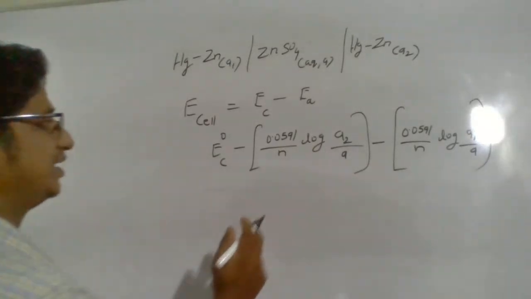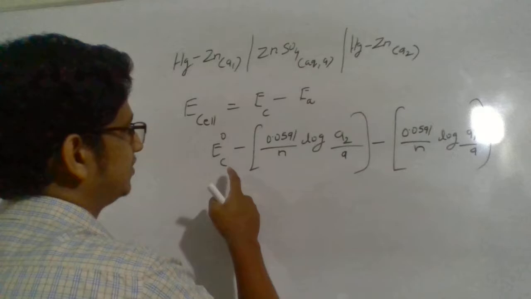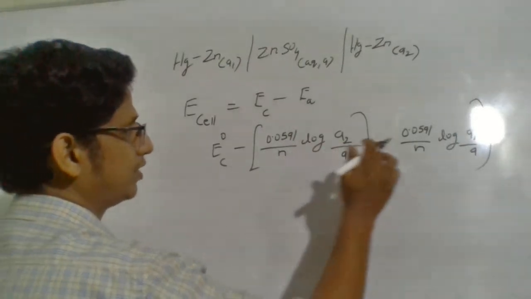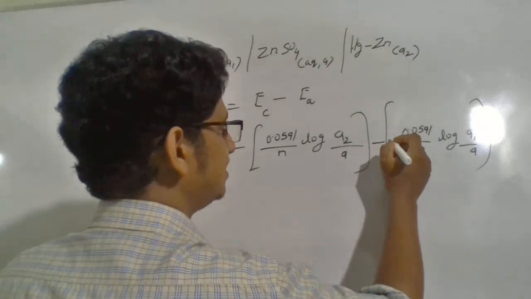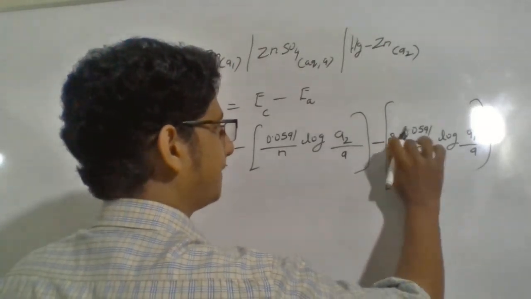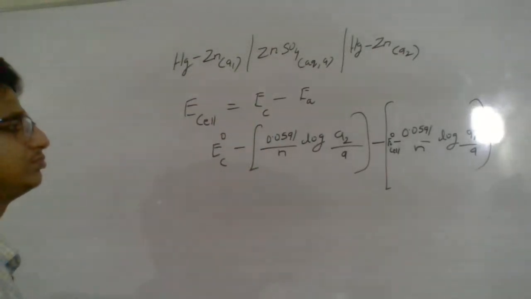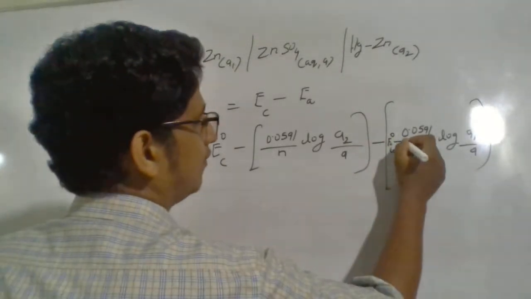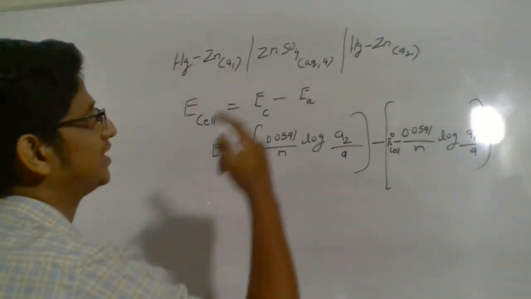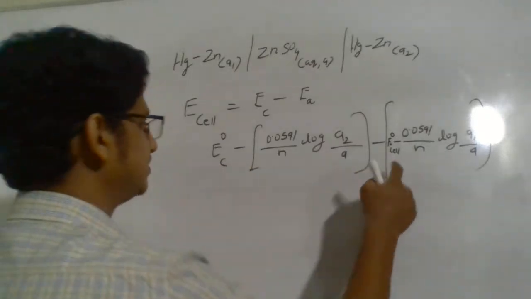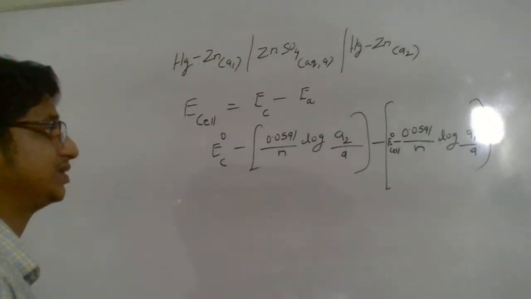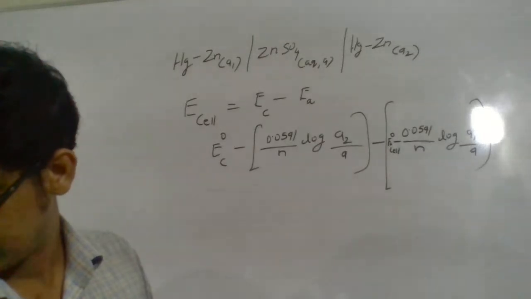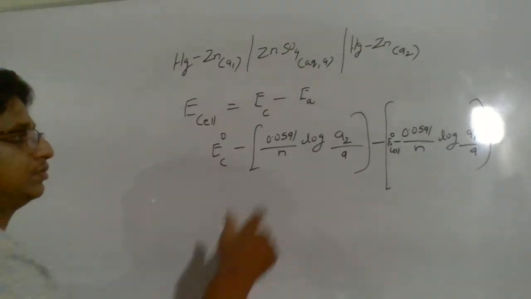Now E0 cell minus E0 cell will cancel, so what is remaining? Minus of minus becomes plus.